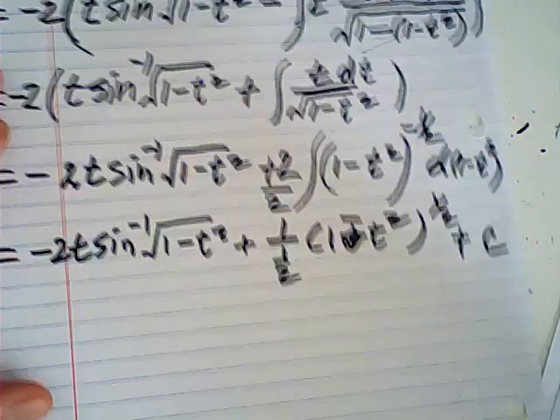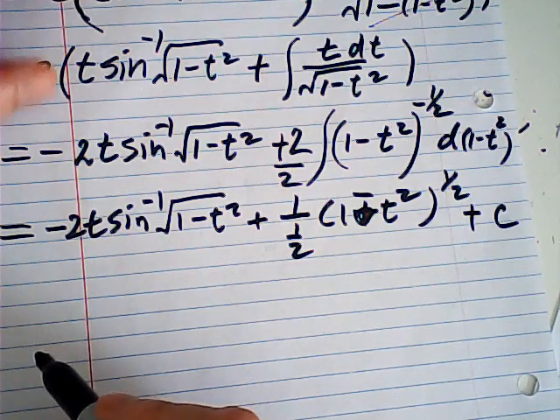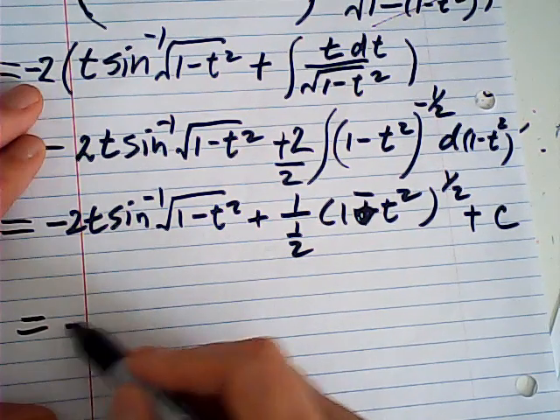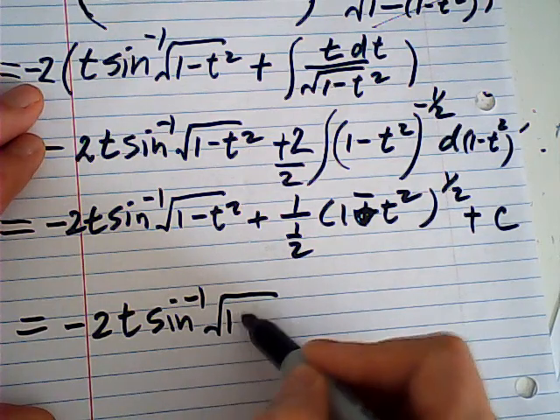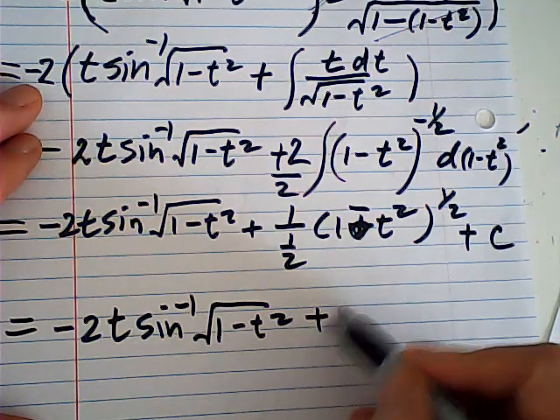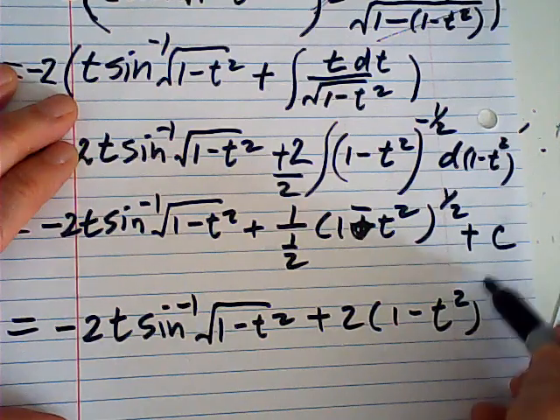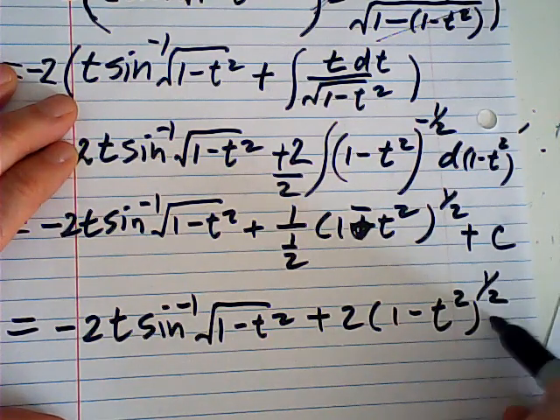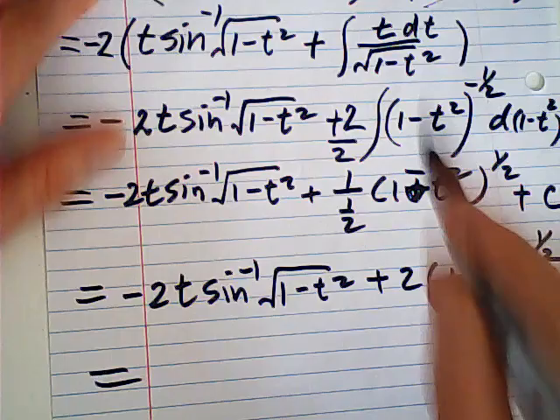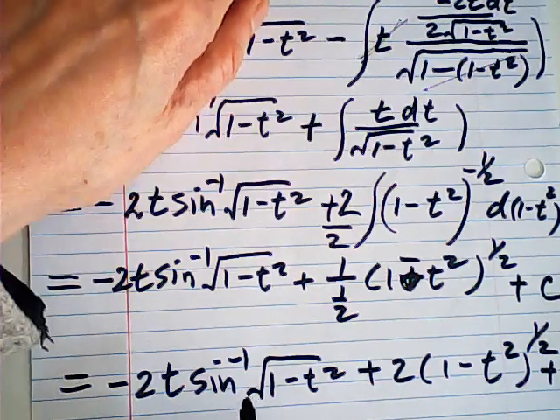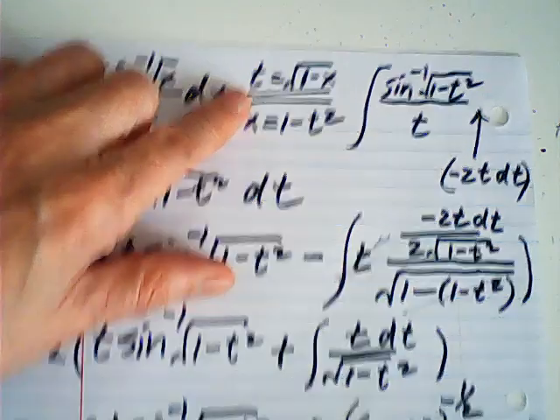The power rule for integration. Then this one is equal to negative 2t arcsine of 1 minus t squared plus 2 square root of 1 minus t squared plus c. And finally we put the substitution, convert back to x.